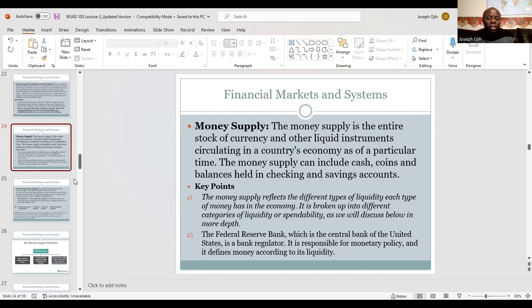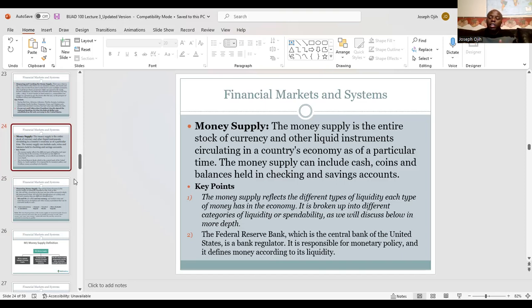The second thing we need to know is that the Federal Reserve Bank, which is the U.S. central bank, is a bank regulator and is responsible for monetary policy and other policies that have to do with the money supply.